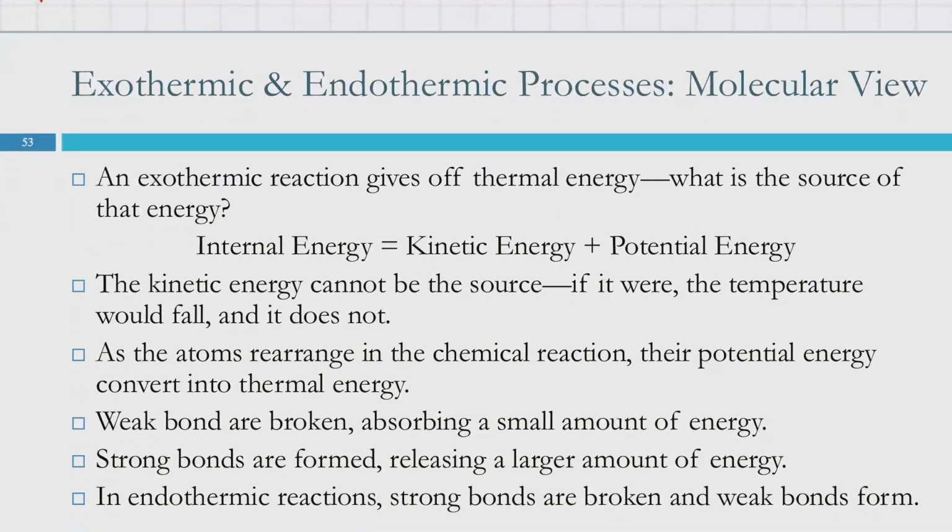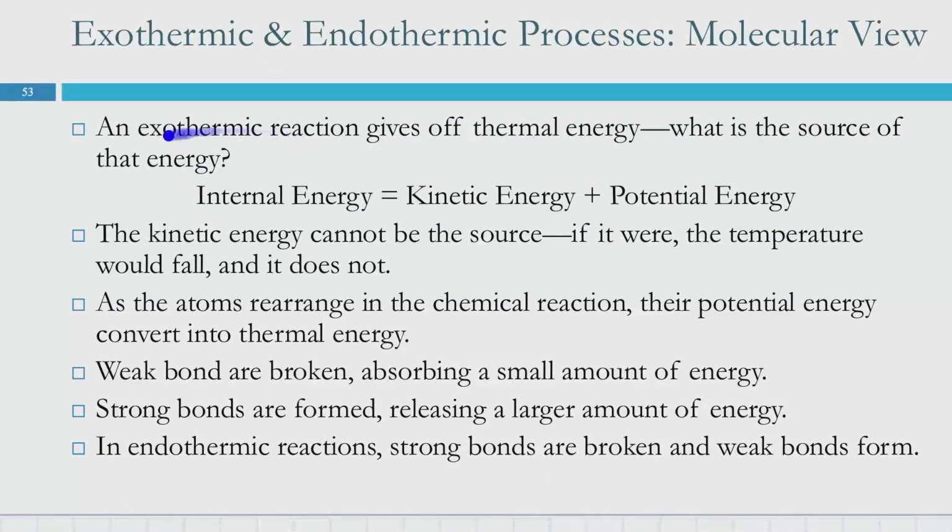Okay, at the molecular level, an exothermic reaction gives off thermal energy. Where does that energy come from? We know that internal energy is kinetic energy plus potential energy. If the energy was coming from kinetic energy, the temperature would drop, because kinetic energy is related to temperature. High kinetic energy at the molecular level means high temperature. Low kinetic energy means low temperature.